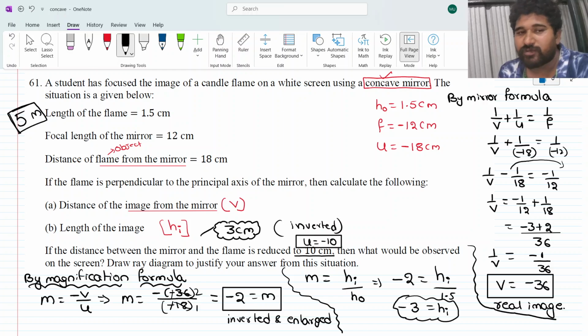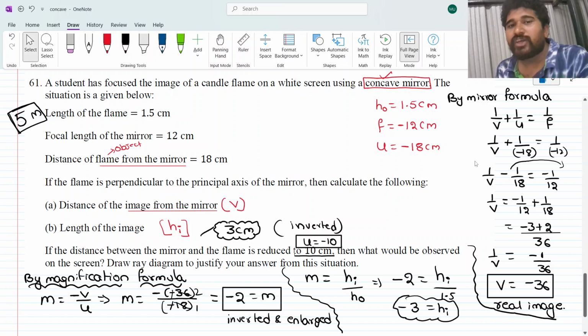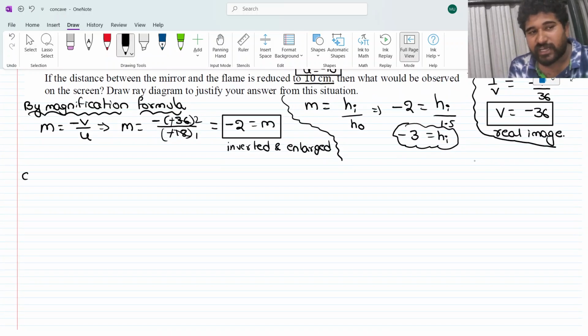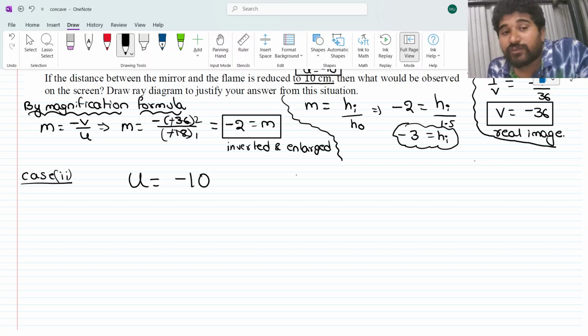Draw a ray diagram to justify your answer. Observe very carefully. What is the second case? u is now minus 10. Your focal length is minus 12.